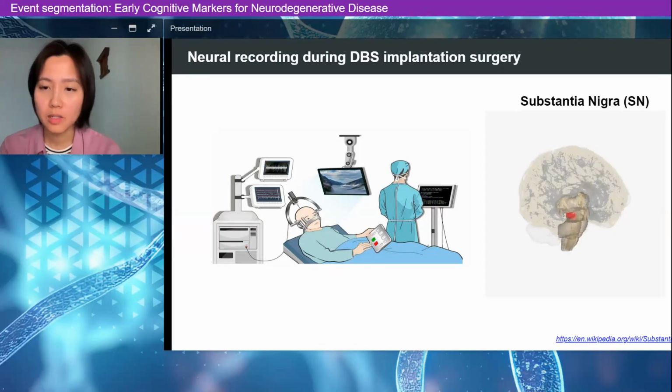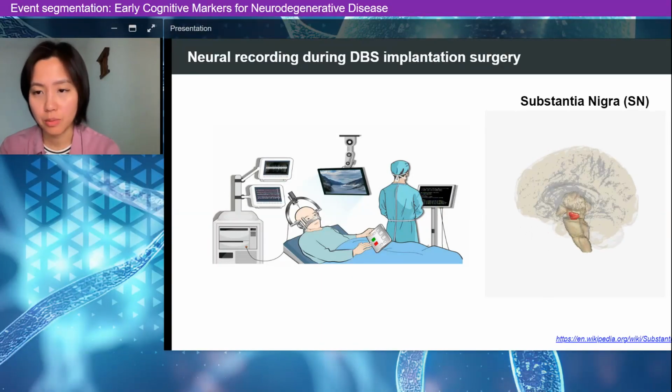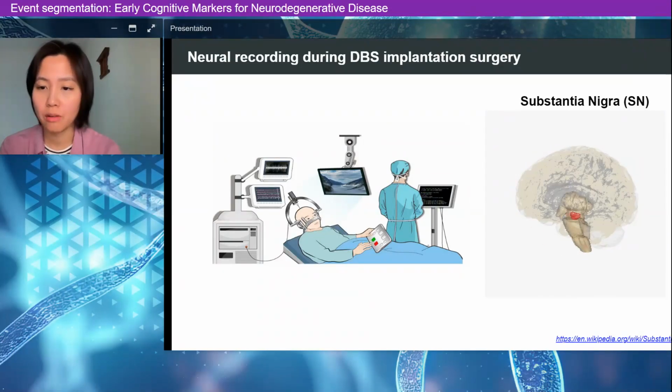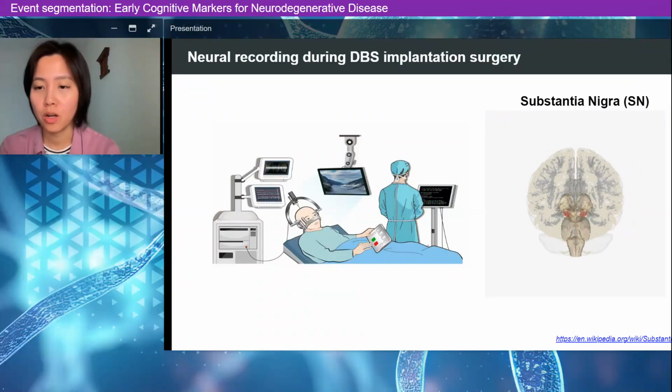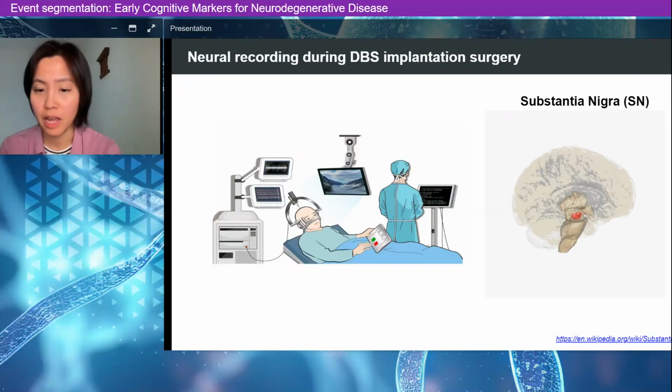And for this study specifically, we are very interested in the neural responses from the substantia nigra, which is the brain region from the midbrain that was known for producing and releasing dopamine signals. And this is also a routine entering spot for the subthalamic nucleus implants, which we usually get from the DBS recordings intraoperatively as well.